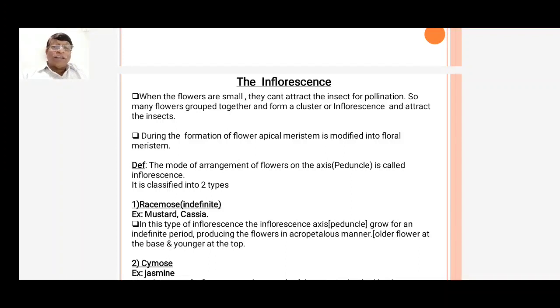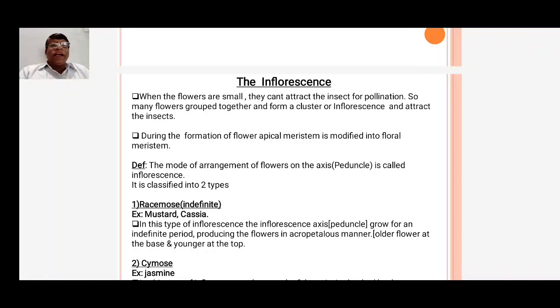Older flowers at the base and younger flowers at the top. Such an arrangement of flowers is called acropetalous arrangement, an important character of racemose inflorescence.